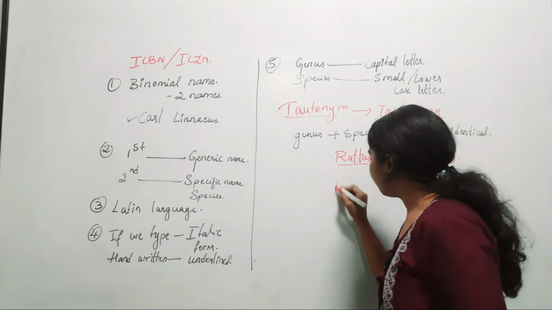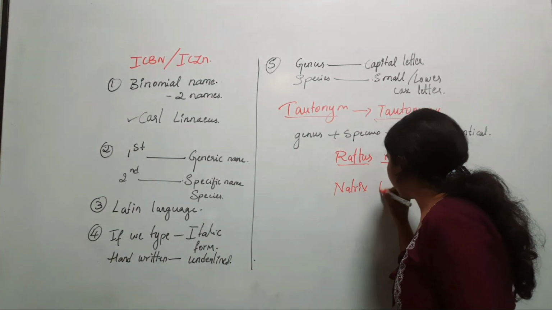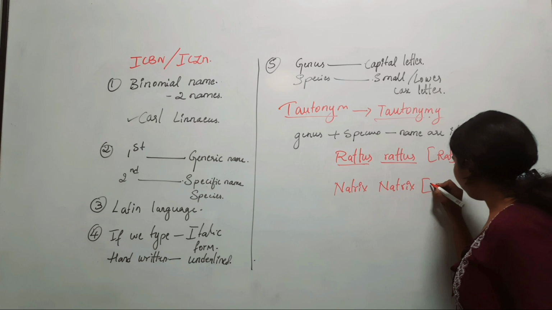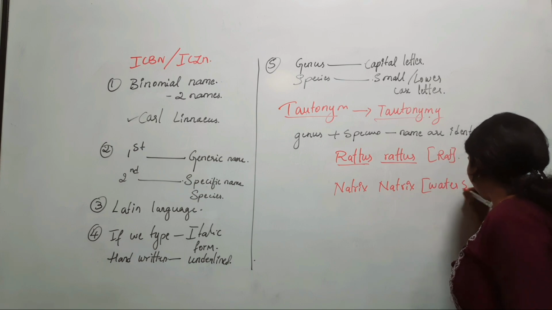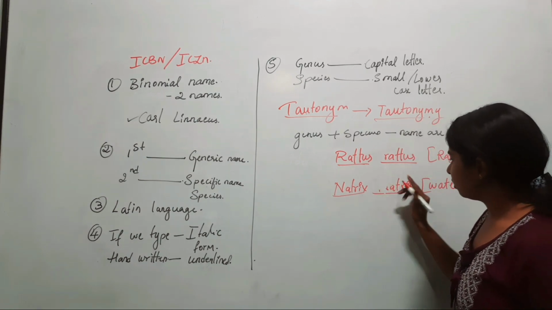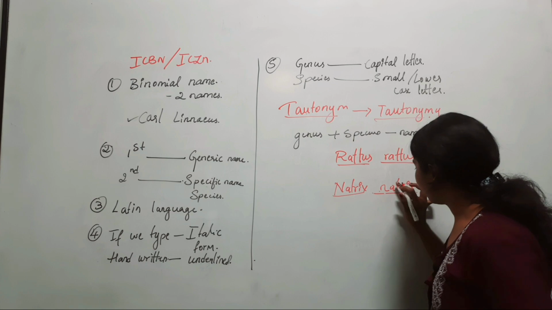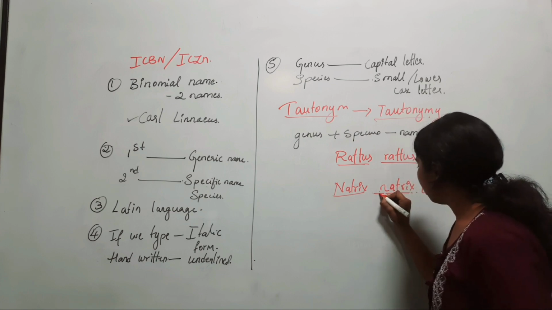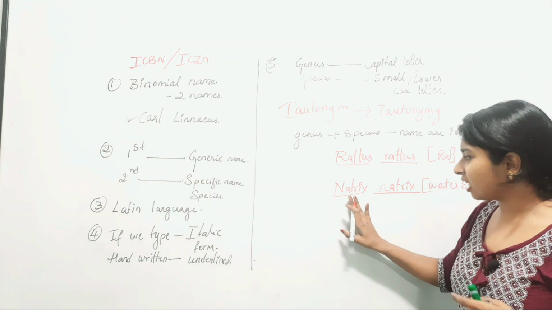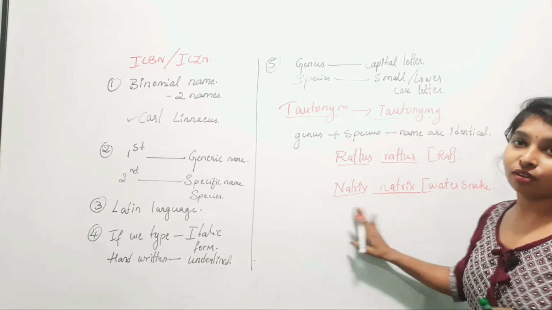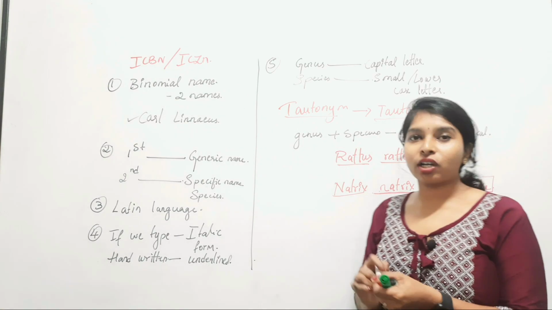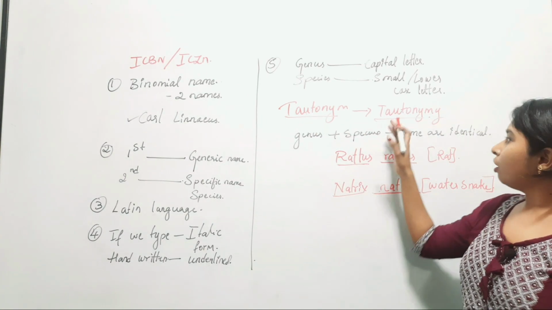Another example is Naja naja, the scientific name of the cobra. Here we follow the rules of binomial names, and the genus name and species name are identical to each other. This kind of name we call tautonym or tautonymy.